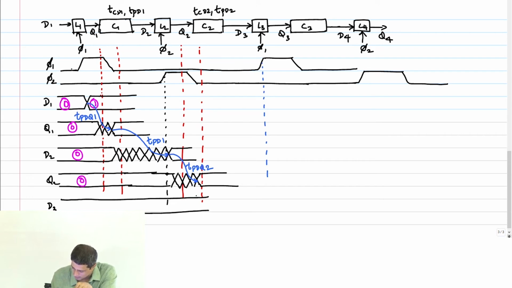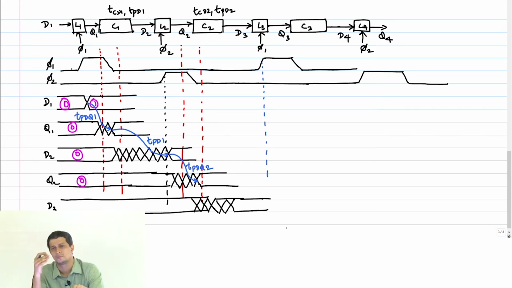And some contamination delay, and then it will settle to its proper state, right? Now, since I am assuming that this data change is happening before the rising edge of phi 1 itself, there is no setup time problem. It can happen just at that clock edge and it will still go through properly, because the setup time really is for the next guy, right? So there's no issue there. So don't worry about that.